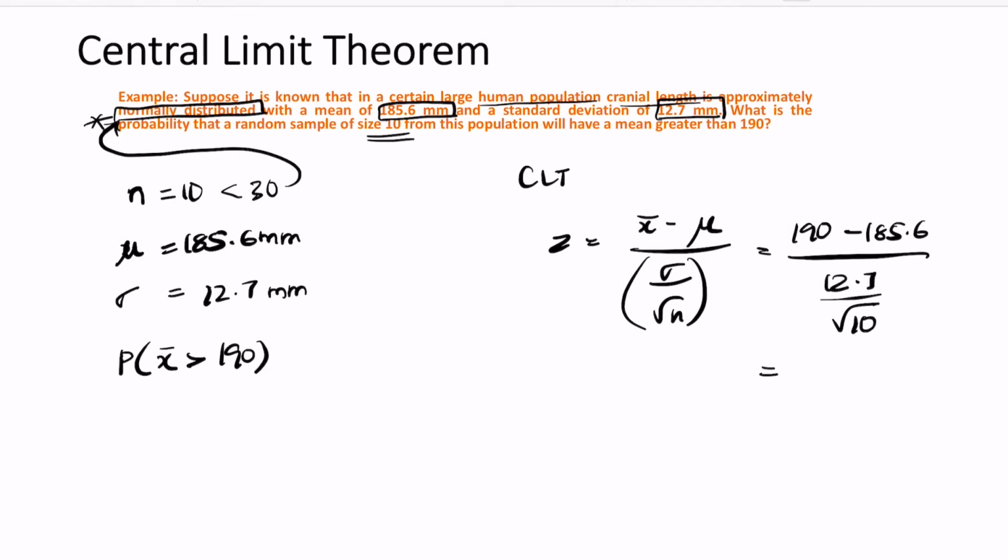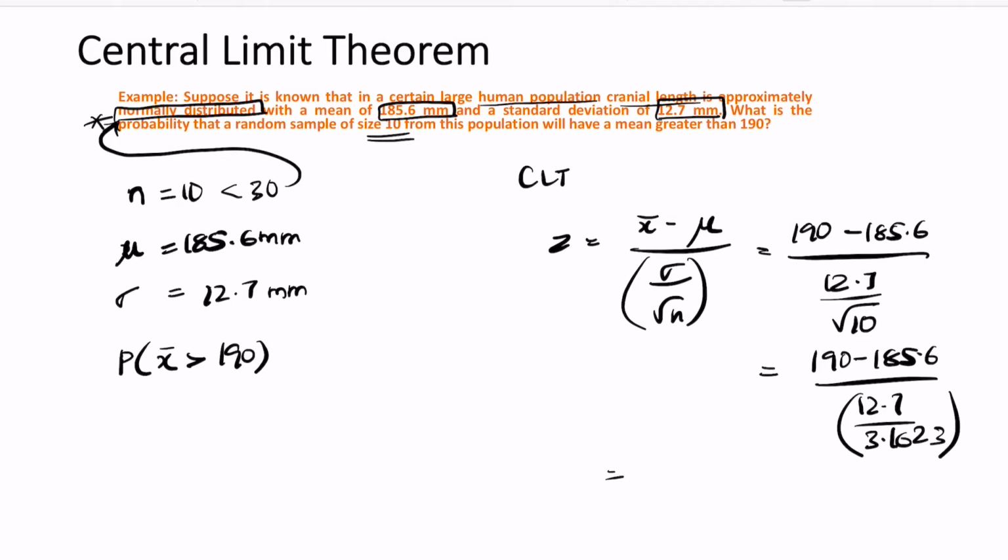So first find out 12.7 by square root of 10. So you have 190 minus 185.6 by 12.7 by 3.1623.